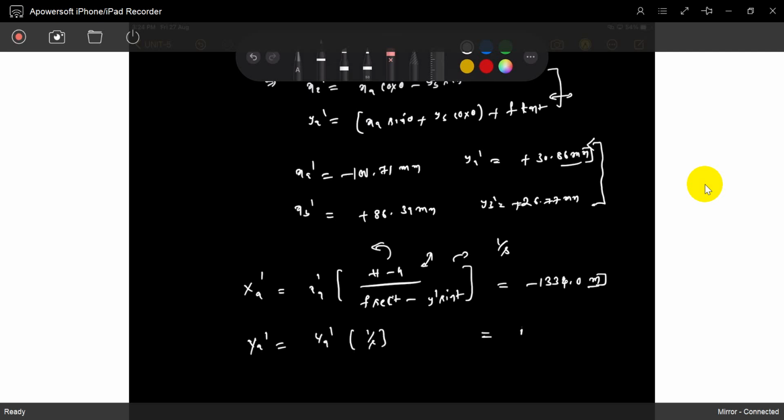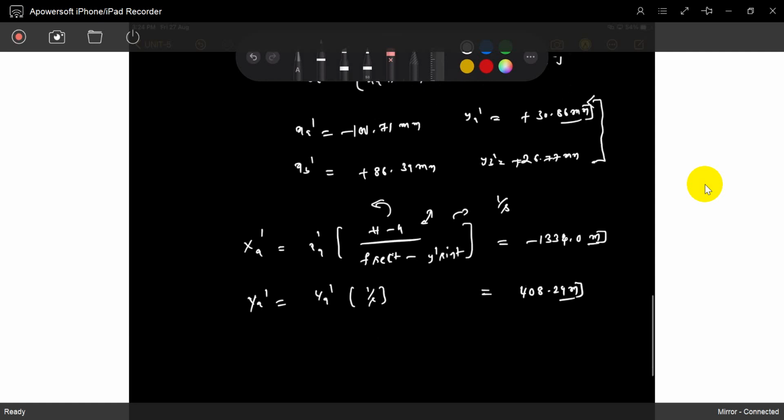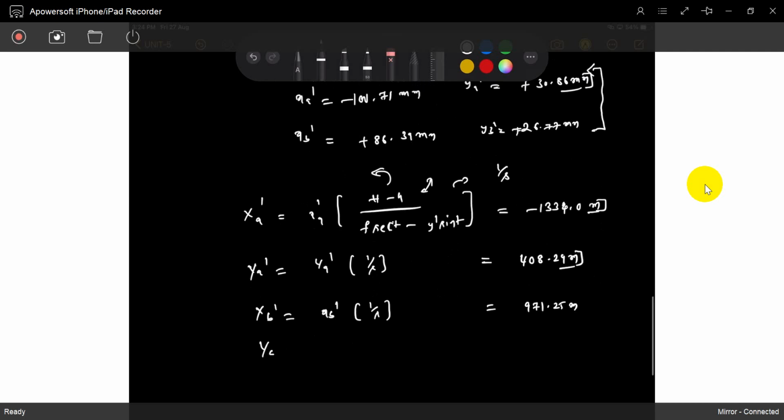You will get 408.24 meters. Xb dash times 1 by scale, you will get 971.2 meters. Yb dash, you will get 300.56 meters. These are the coordinates on the ground.